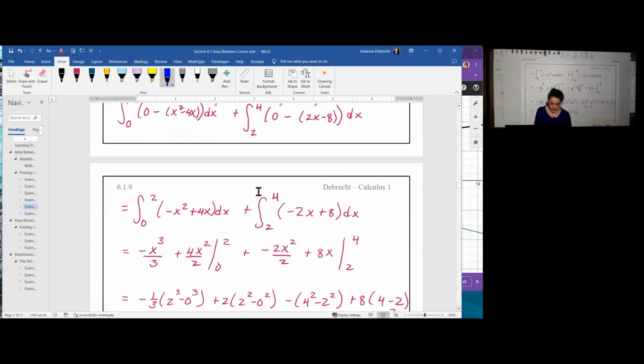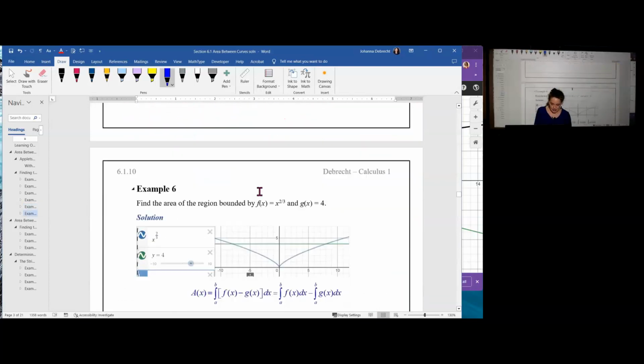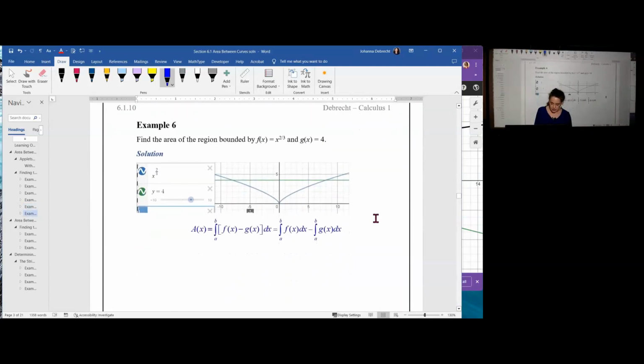Now let's turn our attention to the last example in this section. This is the graph of x to the 2/3 power, which has a cusp here at the origin. The other graph is the horizontal line y equal to 4. We want to go ahead and integrate this with respect to x.